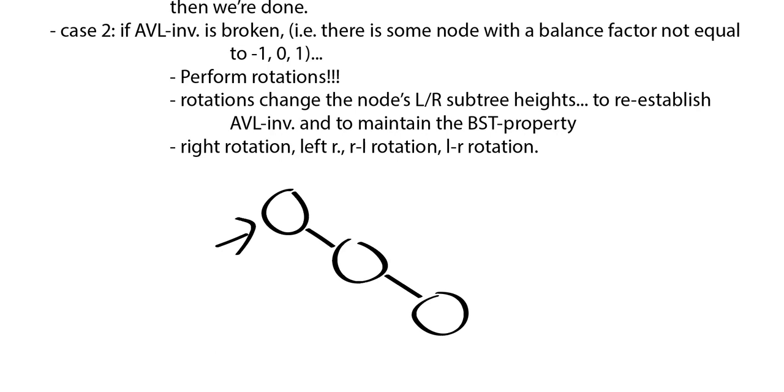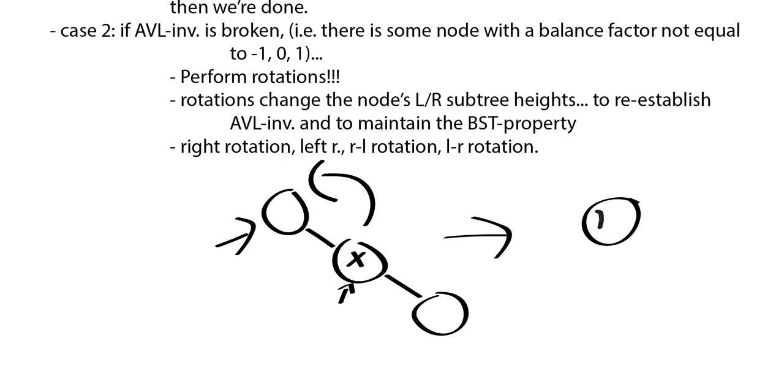So in order to maintain the AVL invariant, we rotate this. We do a left rotation, and what happens is that this node, we'll call it node X, now becomes this middle node, and now it's balanced, or at least this node maintains the AVL invariant.